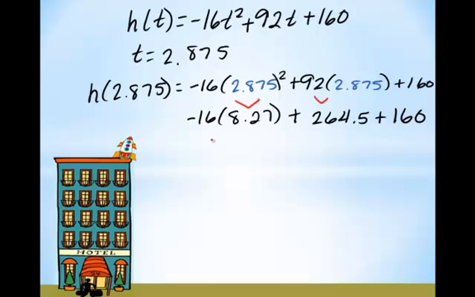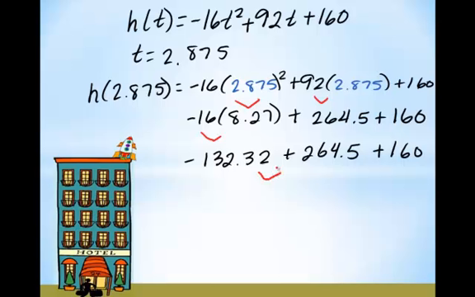When I now multiply negative 16 times 8.27, this gives me negative 132.32 plus 264.5 plus our 160. I then add negative 132.32 plus 264.5.